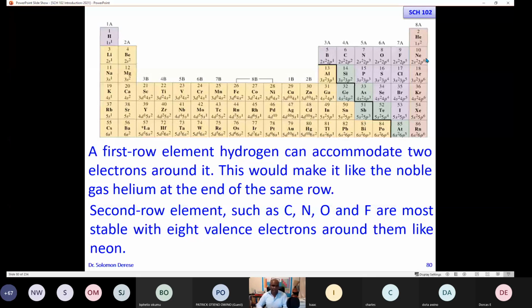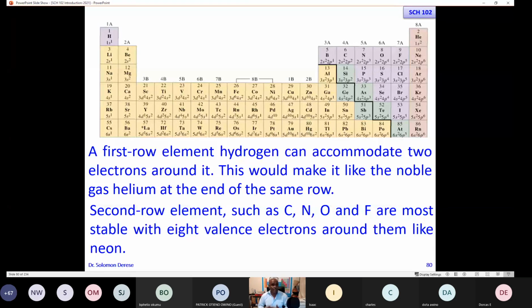So hydrogen is involved in chemical bonding because it wants to have 2 electrons, a completely filled first shell. The reason why carbon, nitrogen, oxygen, and fluorine are involved in chemical bonding is because they want to have 8 electrons.